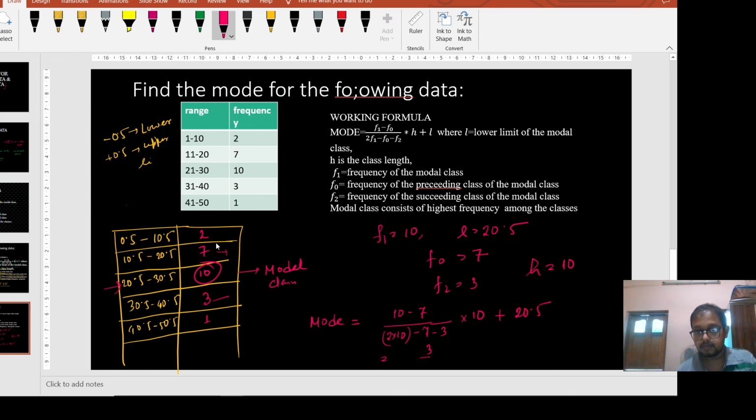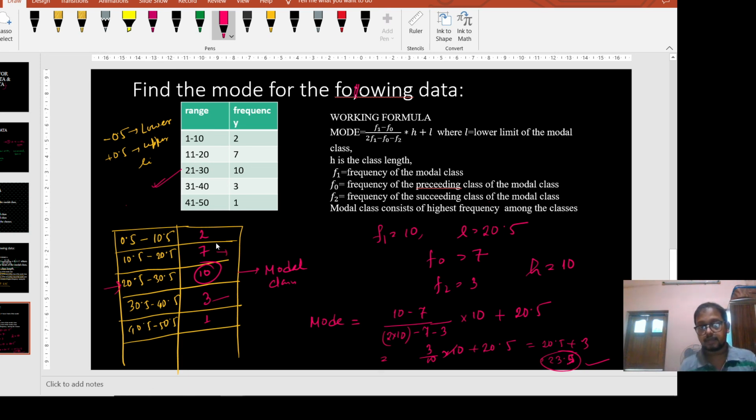So this is 3 by 10 into 10 plus 20.5. Let us simplify. We will get 20.5 plus 3, that is 23.5. So this is the mode for the given set.